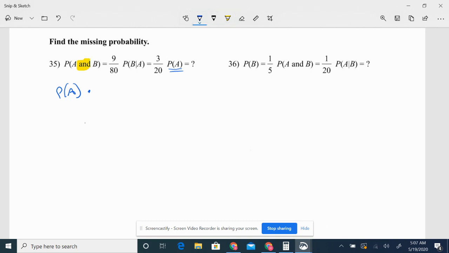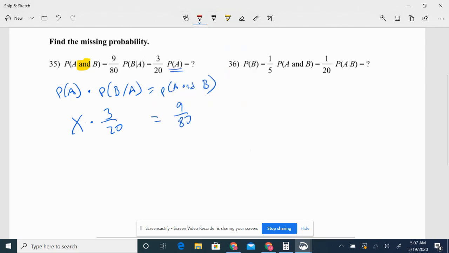So times probability of B not A is equal to probability of A and B. All right, so what's probability of A? I don't know what it is. I'm just going to call it X. What's the probability of B not A? It's 3 over 20. And this is equal to probability of A and B, which is 9 over 80.